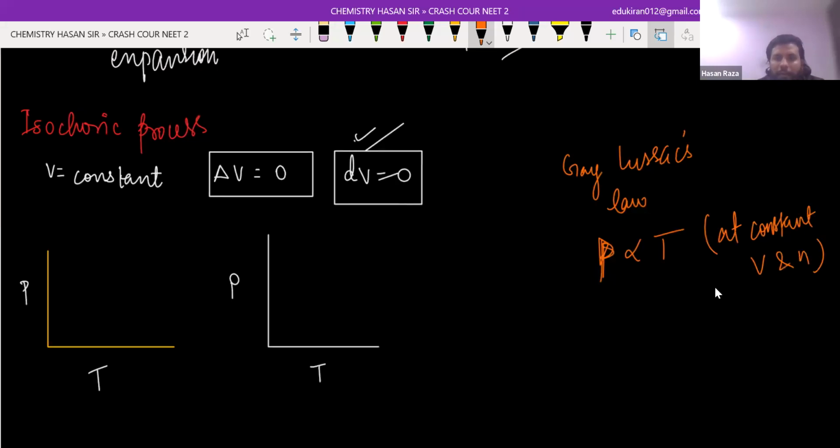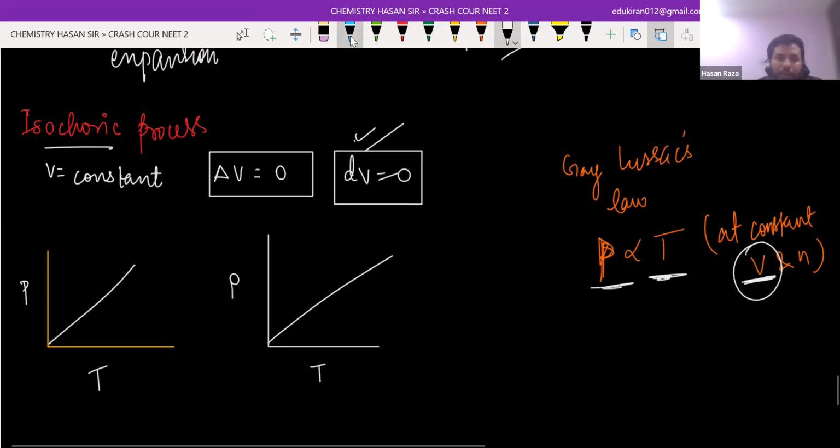Whenever volume is constant, that means it is an isochoric process. So since pressure is directly proportional to temperature and volume is constant, the graph will be a straight line like this.